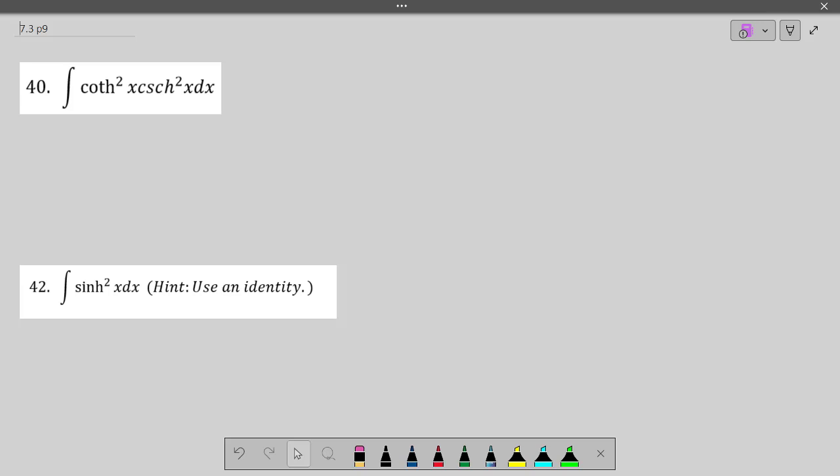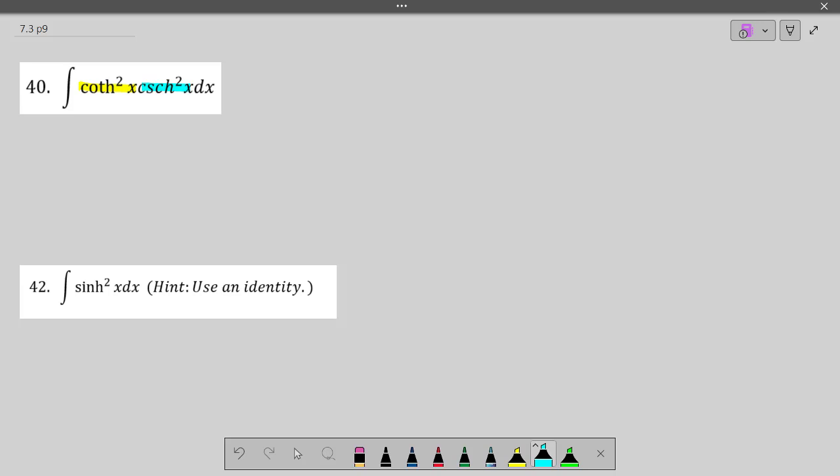All right. Why don't you all try number 40, try this first one. So we're seeing a product. There's that function and there's that function. So the two natural choices to think about first are, should we let u be cotangent squared? Should we let u be cosec squared? That's sort of the first choice.